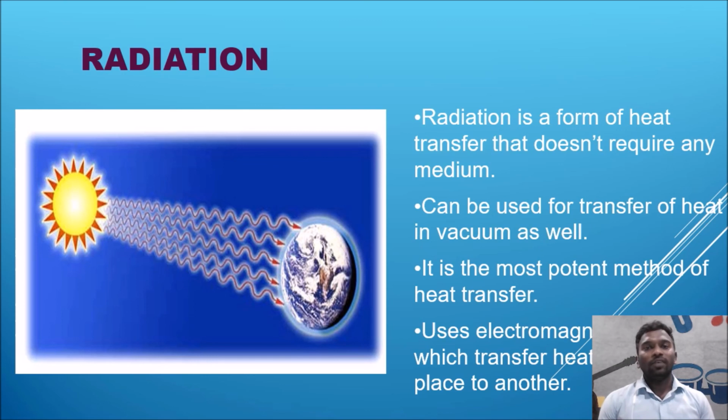In these two processes, a medium is required, but here there is no medium. Very good. This heat transfer doesn't require any medium. That process is called radiation. We can define the radiation process as heat energy transferring from one place to another without any medium.